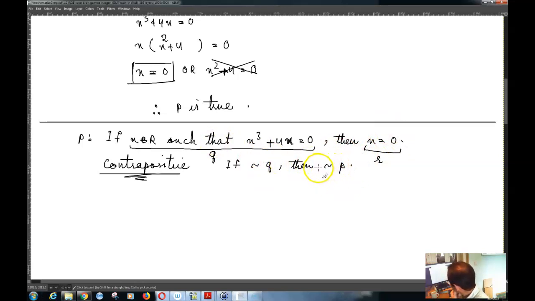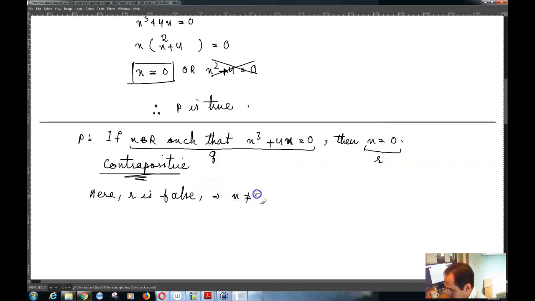Now, here R is false. Let me erase this because that doesn't go with Q and R. So R is false implies that it is required to consider the negation of the statement R. R is false implies that basically x is not equal to 0.